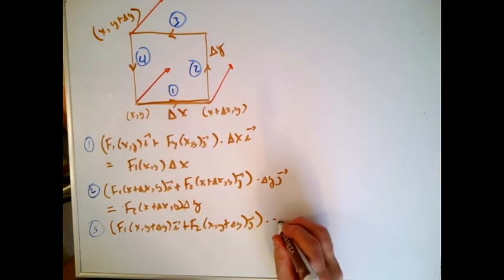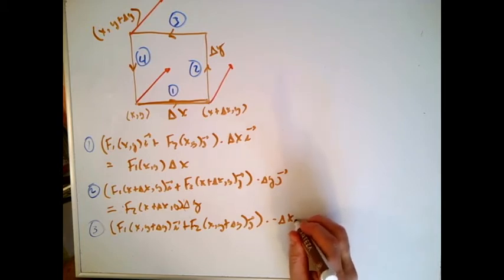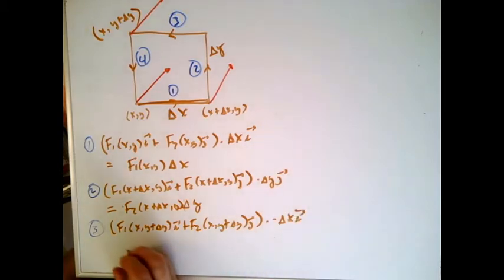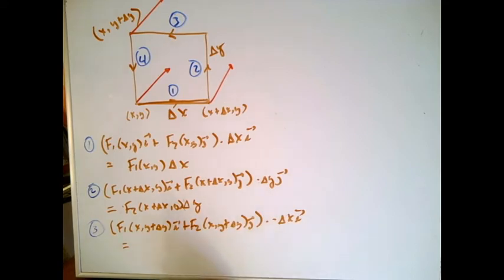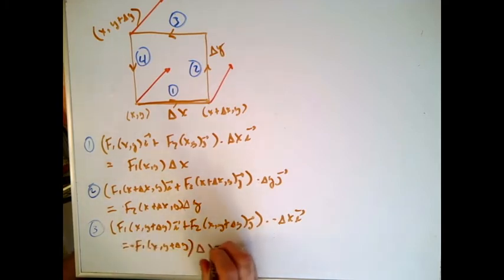That's going to be minus delta x i. Remember, the j part and the i part dot together to get 0, and so all I'm left with here is f1 of x, y plus delta y, and I put a little minus right there, and then delta x like that.